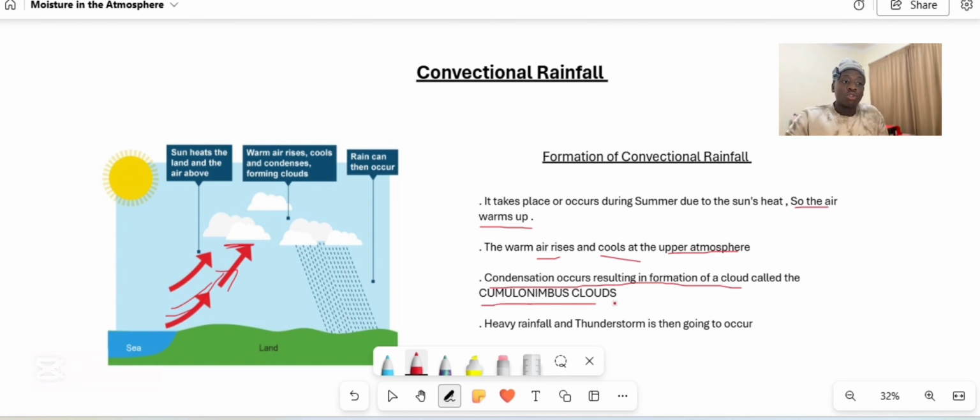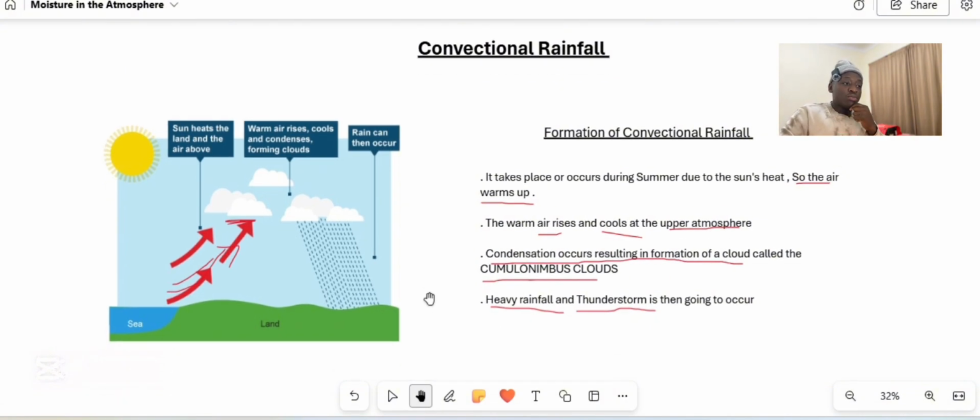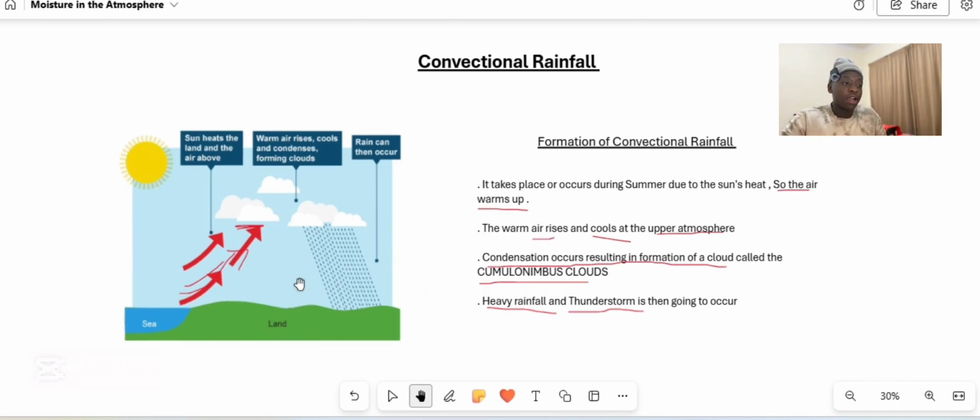The cumulonimbus cloud is a dark, tall, gray cloud, known for bringing heavy rainfall and thunderstorms. So with this convectional rainfall, we will be expecting thunderstorms and heavy rainfall due to the cumulonimbus cloud. I hope that was understood. The convectional rain is just the easy concept of warm air rising from the sea, cooling, and forming clouds by condensation.